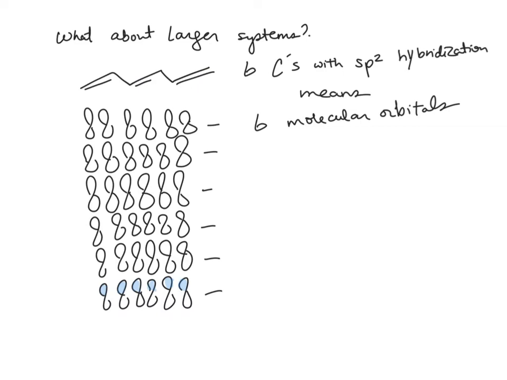We know that the highest unoccupied molecular orbital, so here we're talking about this one, has every other carbon get a change in sign. And now we've got to figure out what to do in between.